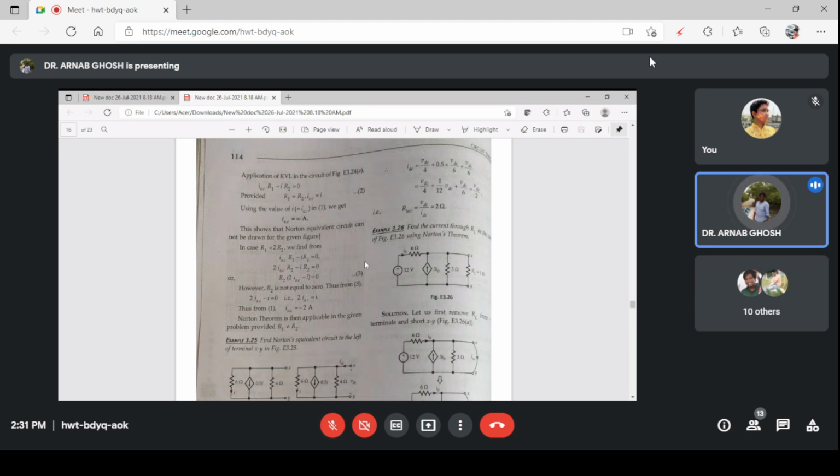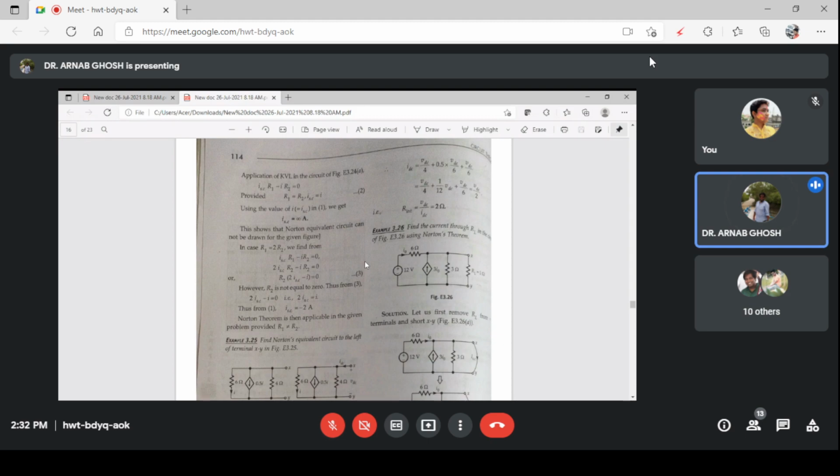If you are removing the load resistance, you are having this 12 volt source, this resistance, this dependent current source, and this resistance.